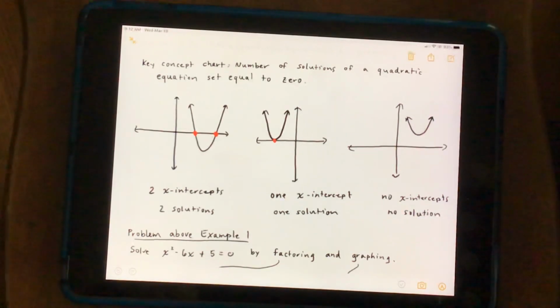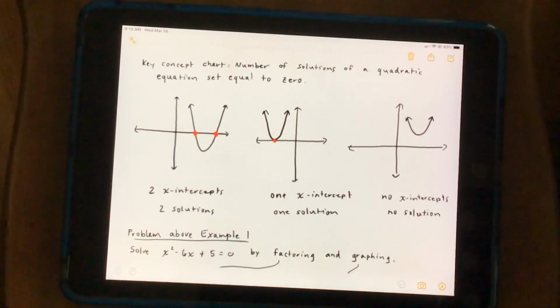If when we graph our equation, there is only one value of x, then that means that there is one x-intercept, one solution, and our graph will touch the x-axis at only one point.